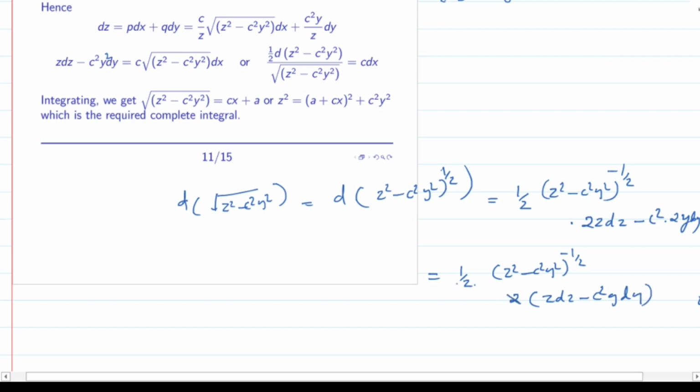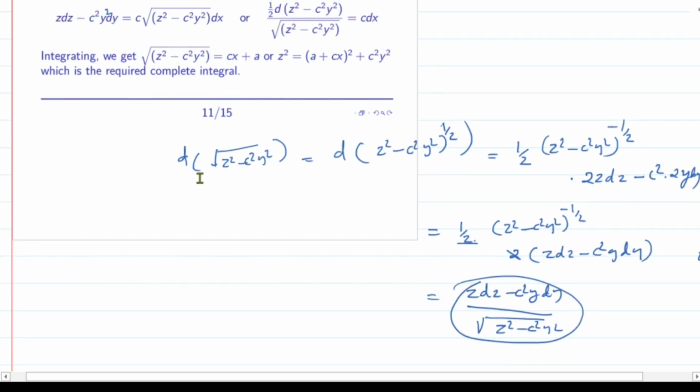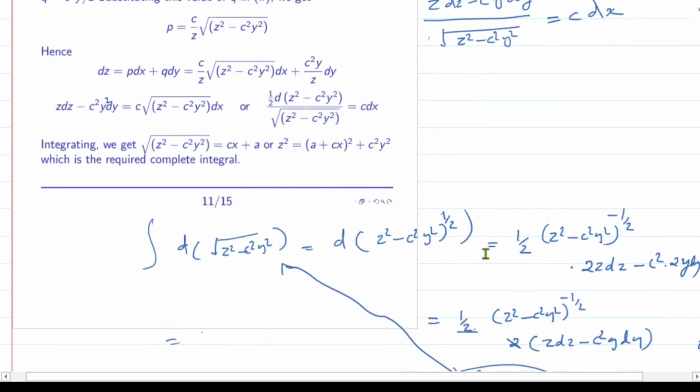Cancel these two, so what remains is z dz minus c square y dy divided by square root of z square minus c square y square. See this, actually this is the derivative of the function that is the square root. So the integral of a derivative becomes the function itself, and this is actually what we need.